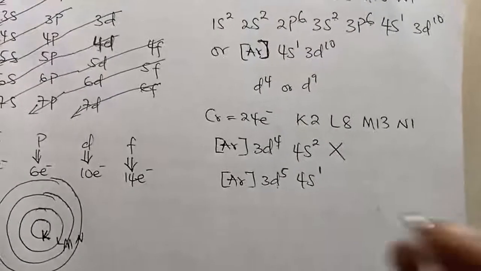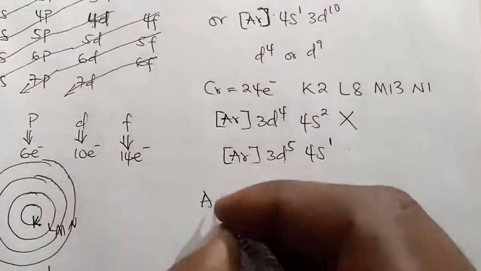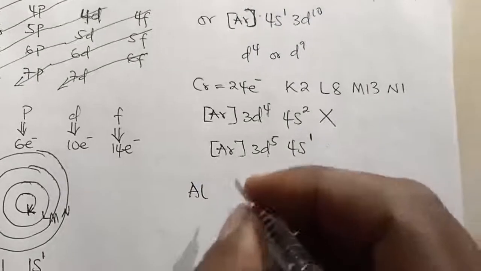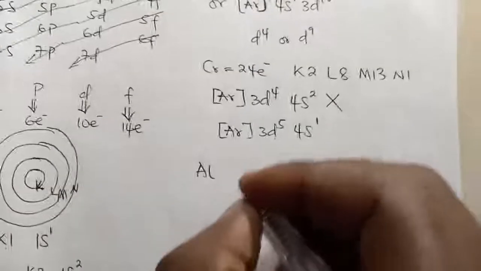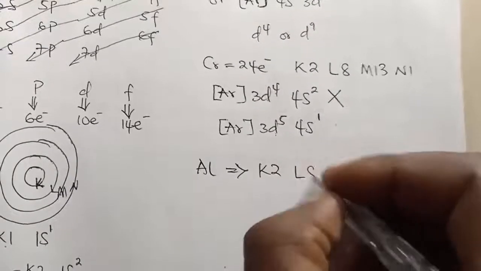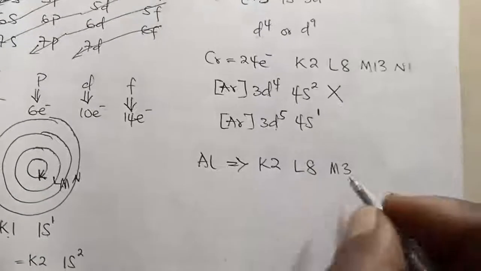Okay, let's also look at aluminium. Aluminium has 13 electrons, 13 protons, and 14 neutrons. So K takes 2, L takes 8, and M takes the remaining 3. This is 10 and 3, 13.